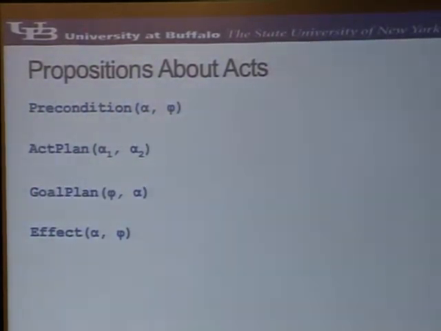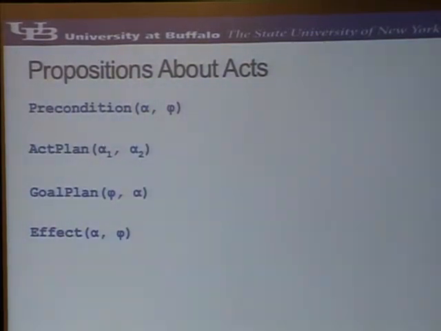Here are some specific examples. These are propositions about acts that can be constructed in this representation language. Alpha has the precondition phi. That is, phi has to be believed by the agent for it to attempt to do the action alpha. You can see STRIPS' influence in these things. An act plan, which I just showed you, the act alpha can be carried out by performing the act alpha 2.